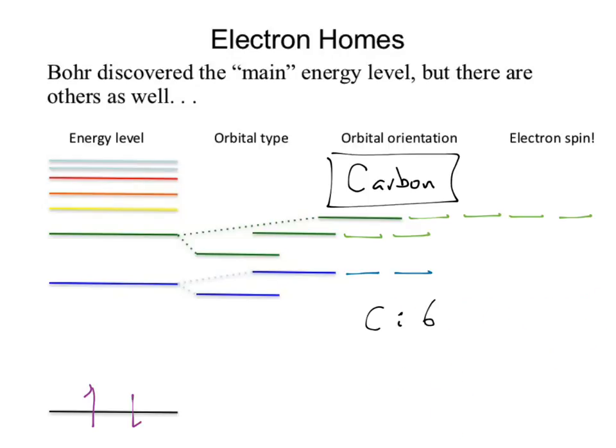Carbon, 6 electrons. First electron goes where? First electron, first energy level. So I would have 1s1. Second electron. 1s1. Next electron. 2s1.